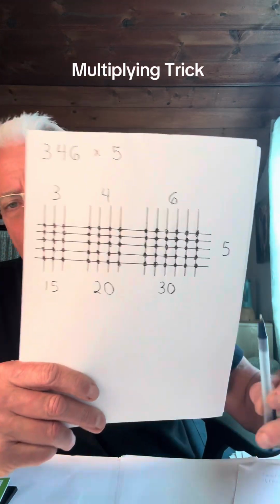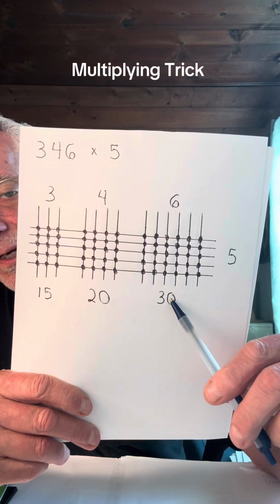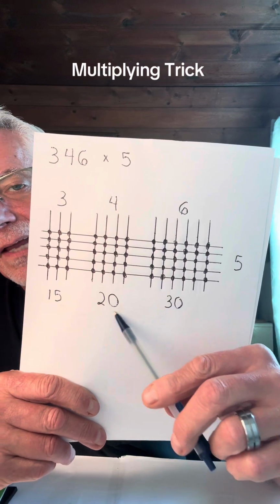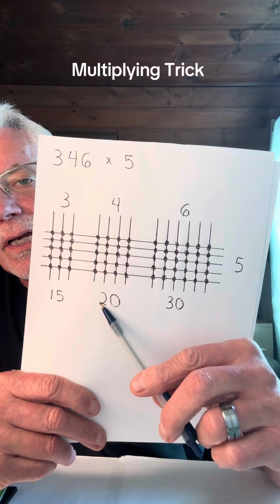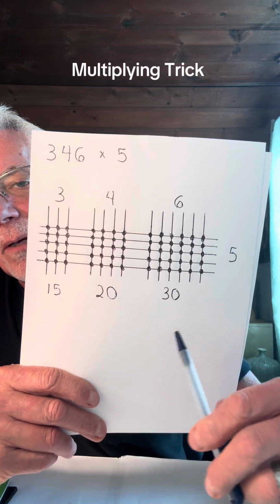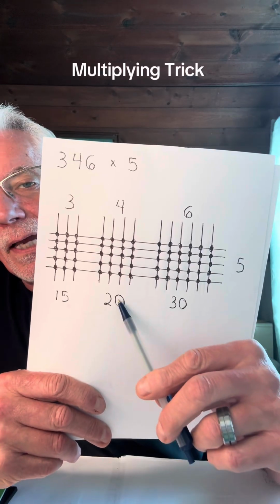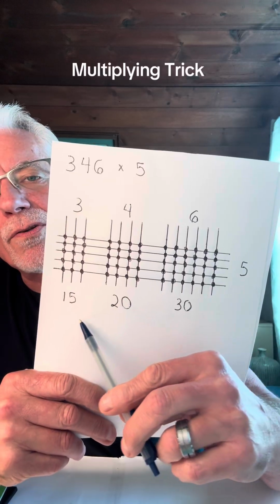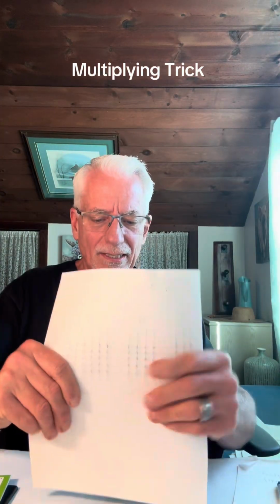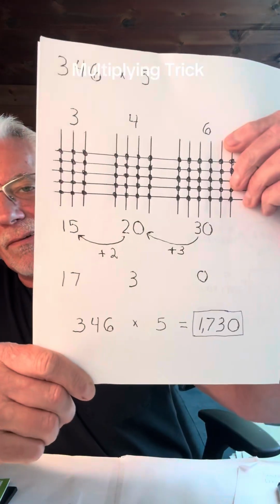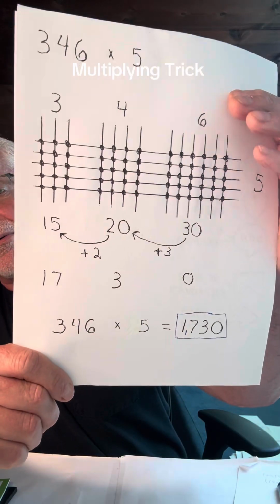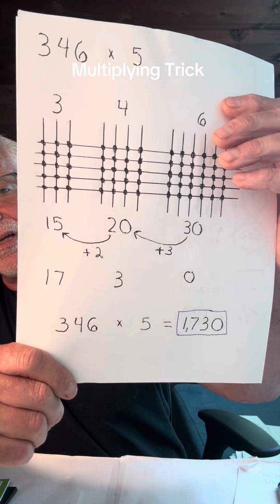Now what I do is this is going to end in 0, and this 3 goes and adds to this, and it becomes a 23. So I carry the 3 here. Remember, I carried the 0 here, and I carried the 3 here, and this 2 goes over here and adds to the 15, and that's going to get me 17. So 1,730 is the answer. We just do the carryovers into the next column over, kind of like when we're adding numbers.